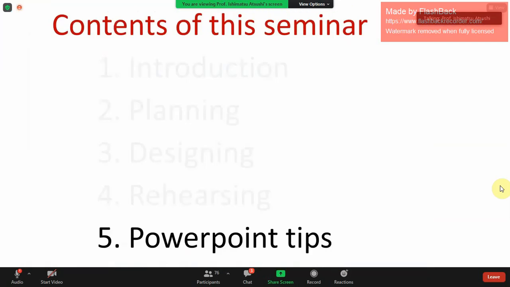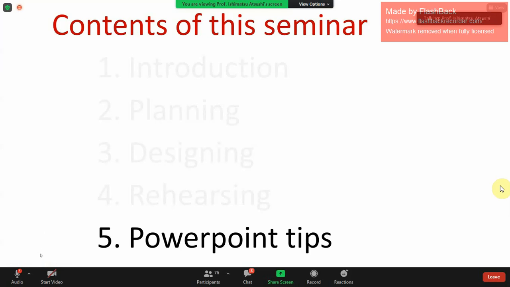So the PowerPoint tips. I know it's 10 o'clock now. I found that different versions of PowerPoint have different shortcuts and different icons and other things. One thing I found useful is this one. This is PowerPoint 2010.